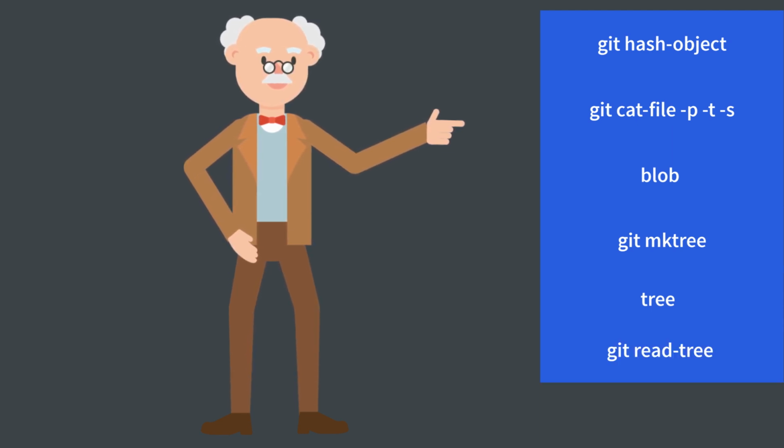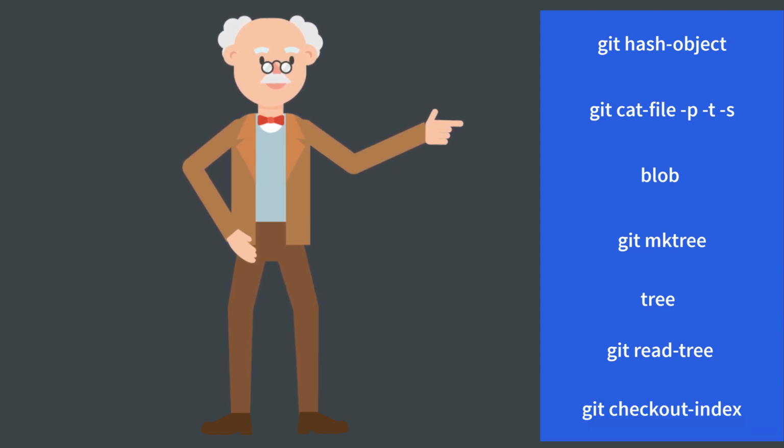Having created our tree with git mktree, we can go through and use git read-tree to be able to put that into our staging area. And to move it back into our working file system, we can use git checkout --index.